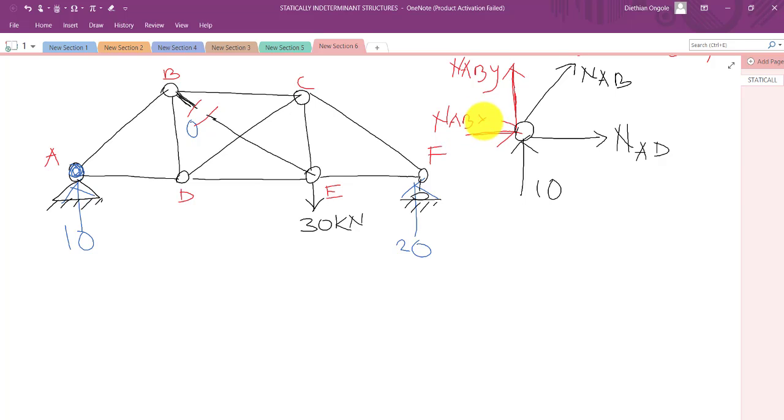After doing that, I begin by summing up the forces in the Y direction. When I sum up the forces in the Y direction, I would have my N_ABY equal to negative 10. Then knowing my N_ABY to be equal to negative 10, I use the idea of similar triangles to find the value of N_AB.